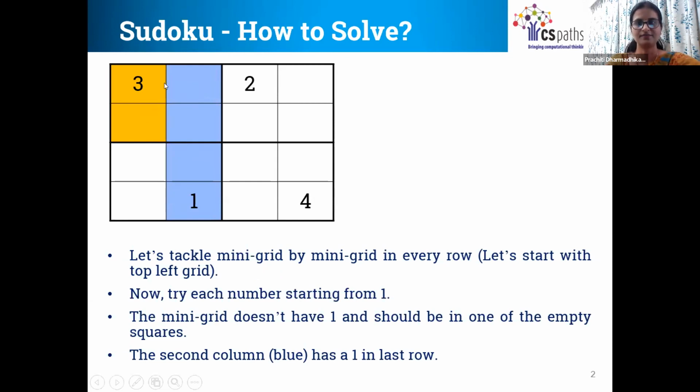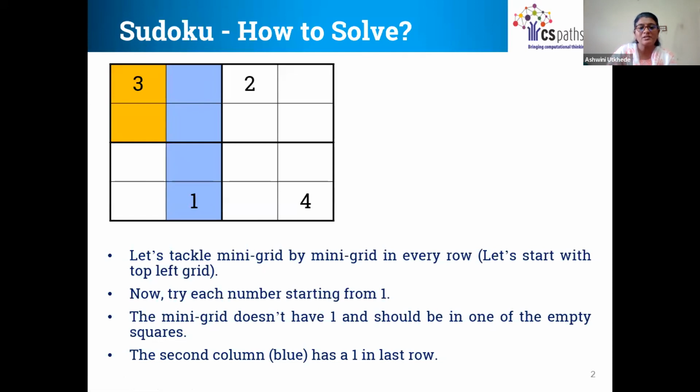So is it possible? Ashwini, can you help me out for this? No, we cannot place 1 in the same column, as 1 is already present in the same column. At the same time, we have to look for the row also. Since we are focusing on the left topmost grid, there only 1 number is fixed, so another 3 numbers are to be placed in the remaining 3 cells.